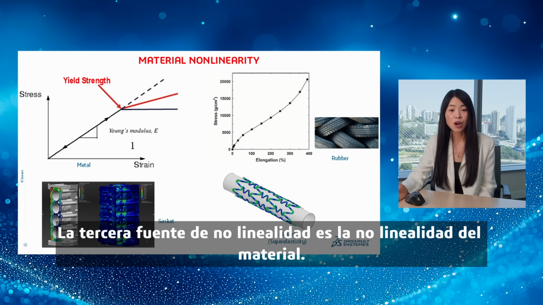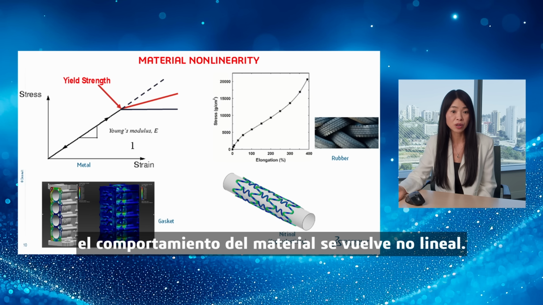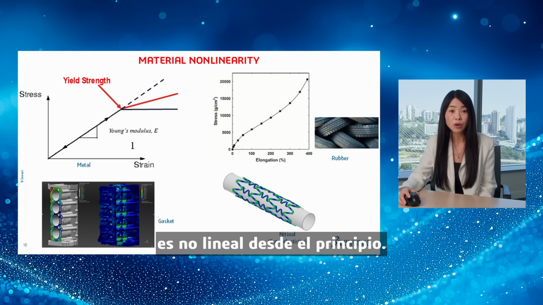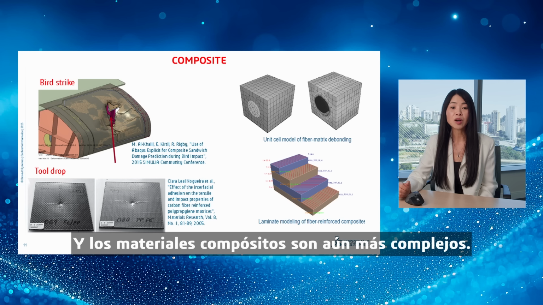The third source of nonlinearity is material nonlinearity. For metals, once you pass the yield strength, the material behavior becomes nonlinear. For materials like rubber, gasket, the response is nonlinear from the beginning. And composites are even more complex.